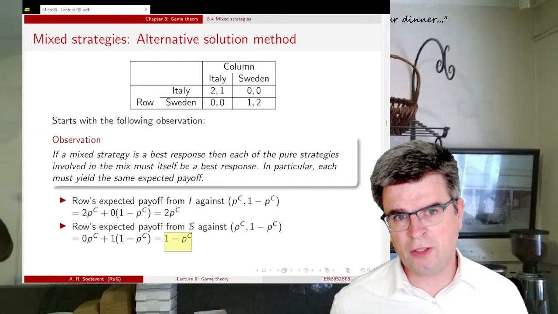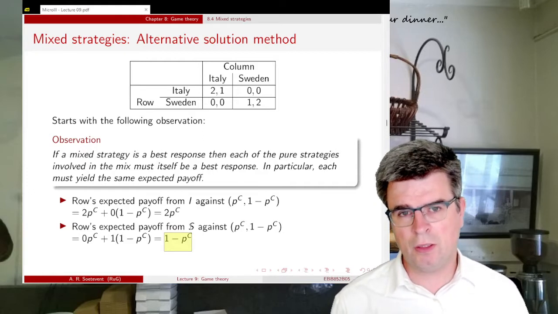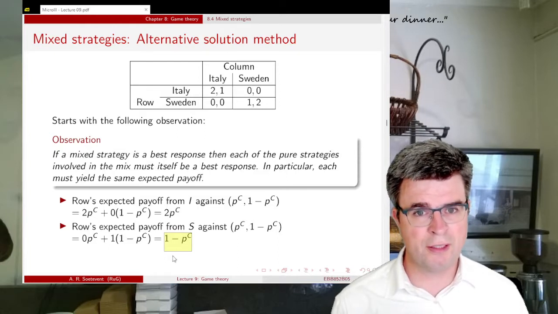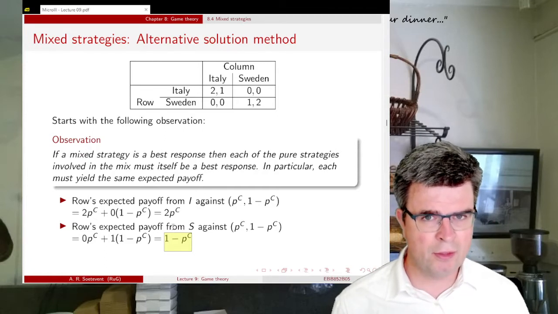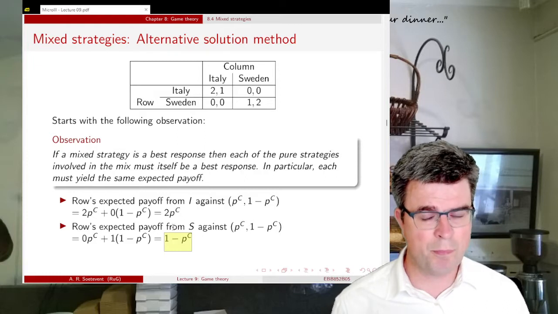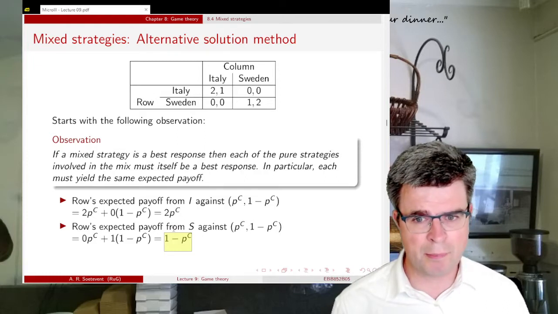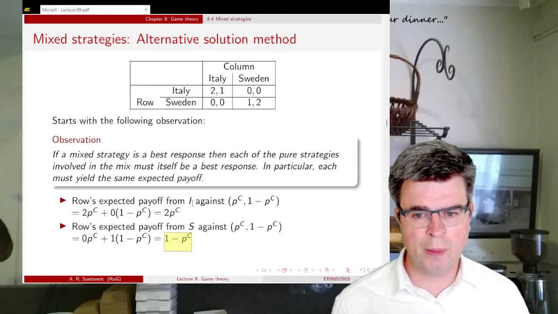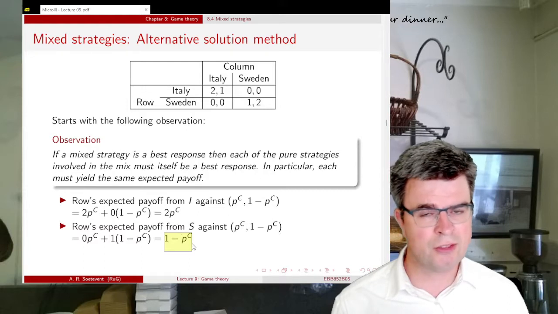In the mixed strategy equilibrium, the row player is indifferent between playing either of these pure strategies that are involved in the mix. So for the pair of strategies to be a mixed strategy equilibrium, it needs to hold that the expected payoff when playing Italy is the same as the expected payoff of playing Sweden.